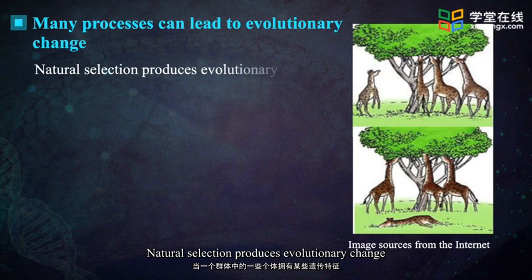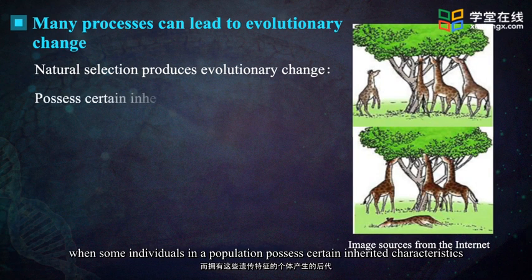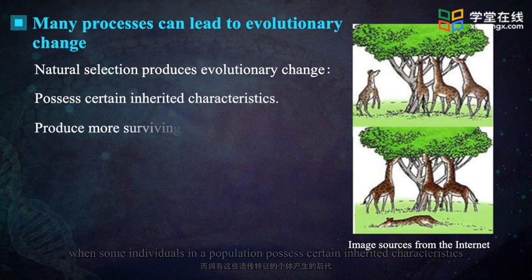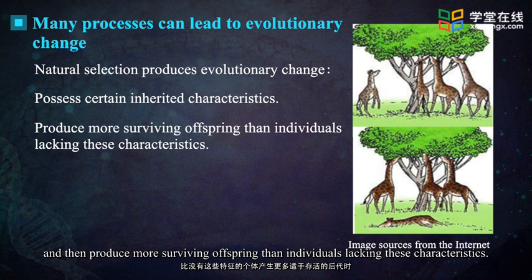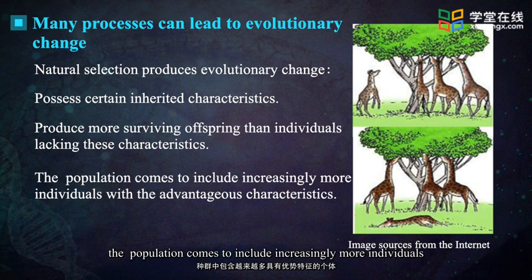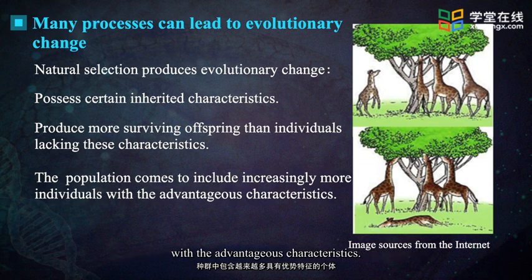Natural selection produces evolutionary change when some individuals in a population possess certain inherited characteristics and then produce more offspring than individuals lacking these characteristics. As a result, the population comes to include increasingly more individuals with the advantageous characteristics.